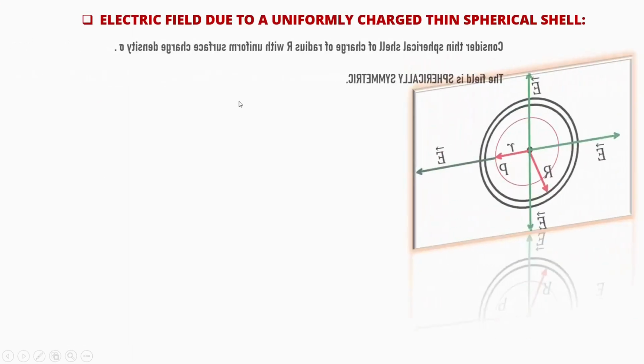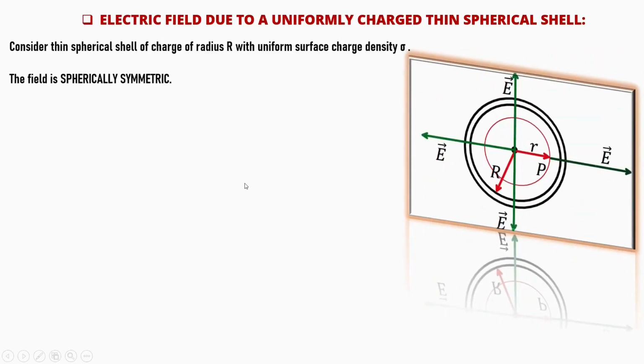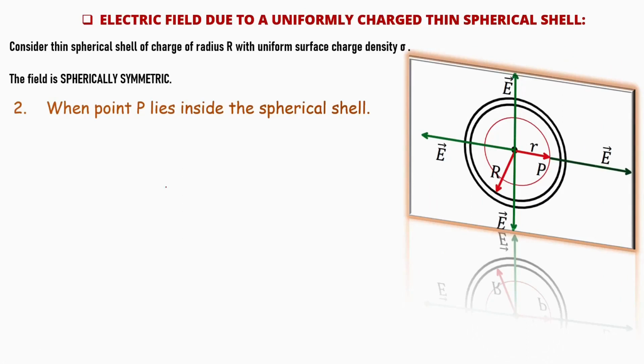Next, we have to find the electric field due to a uniformly charged thin spherical shell for the second case. What is the second case? When the point P lies inside the spherical shell. Again our diagram and introductory points remain the same. We consider a spherical shell of radius capital R with uniform surface charge density sigma.